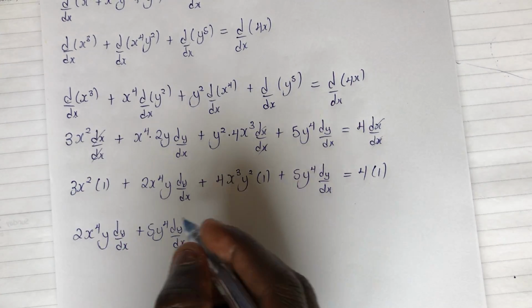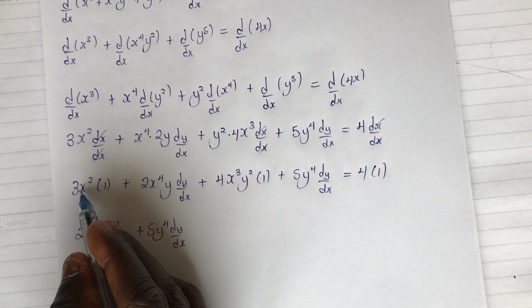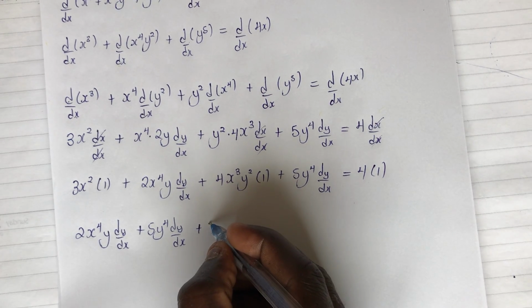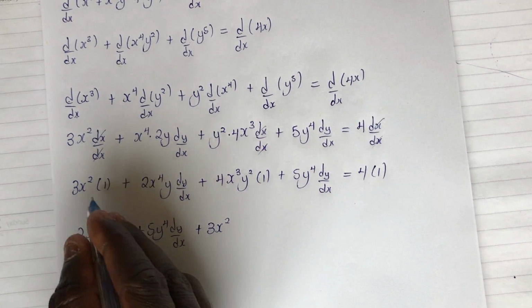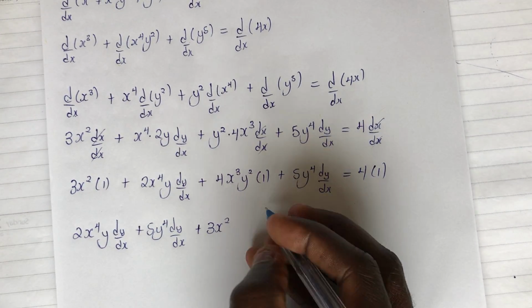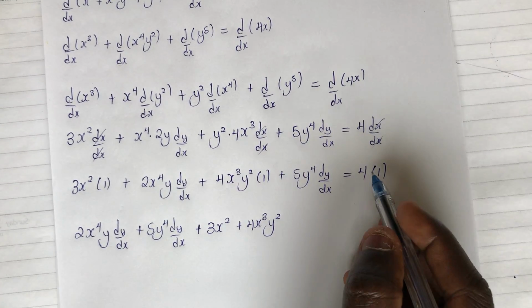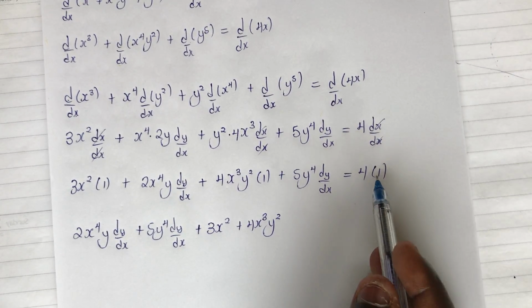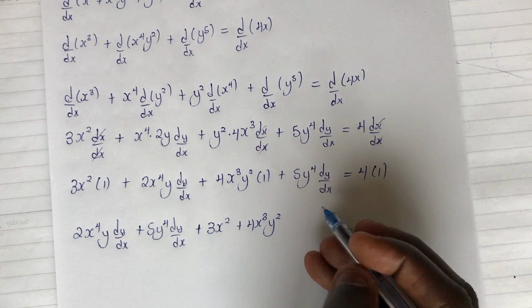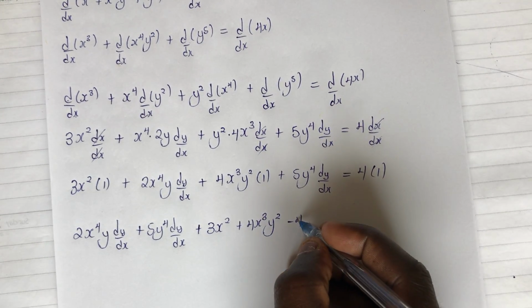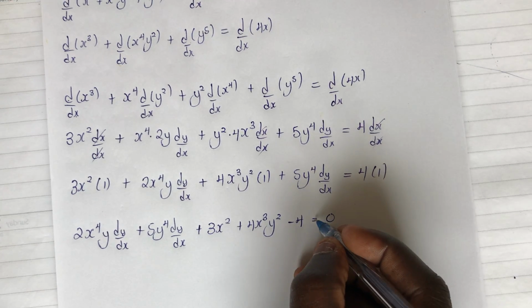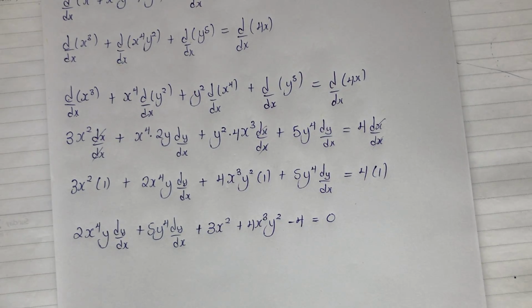The remaining terms we can write: I will start with this one, plus 3x squared times 1 gives us 3x squared, plus this term, plus 4x cubed y squared. Then there is 4 here. I'll carry this 4 to this side, making it minus 4, equal to 0. So now I've equated the function to 0.